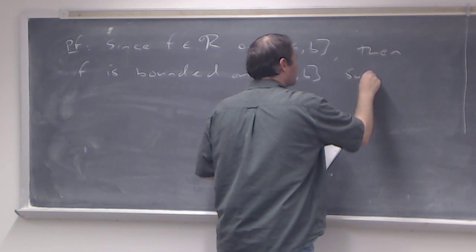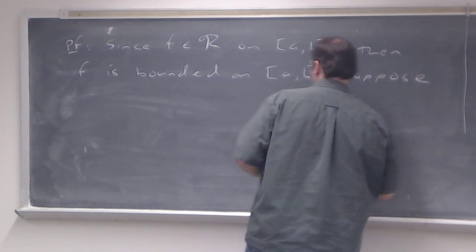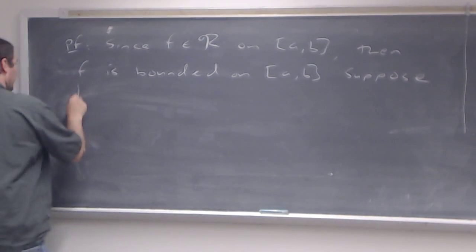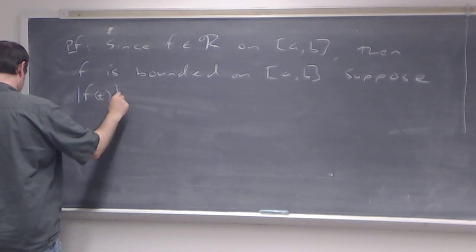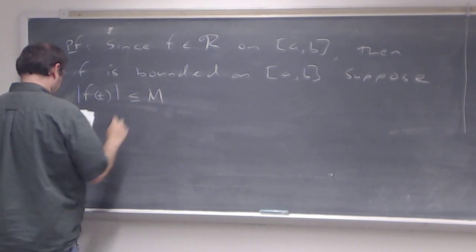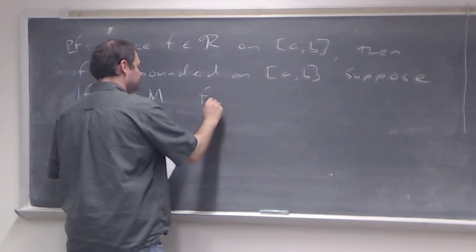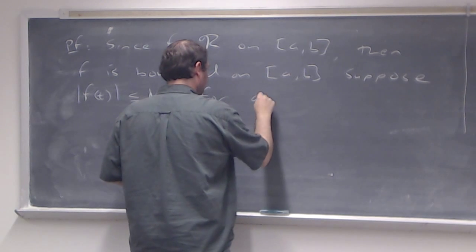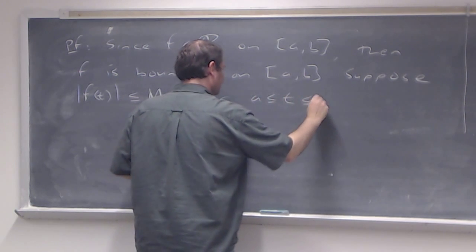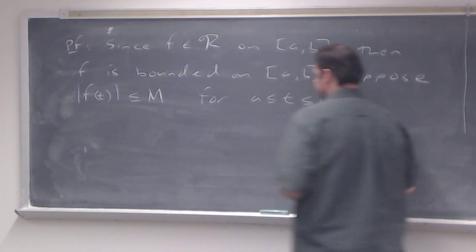So we suppose the absolute value of f of t is less than or equal to M for all t with a less than or equal to t less than or equal to b.